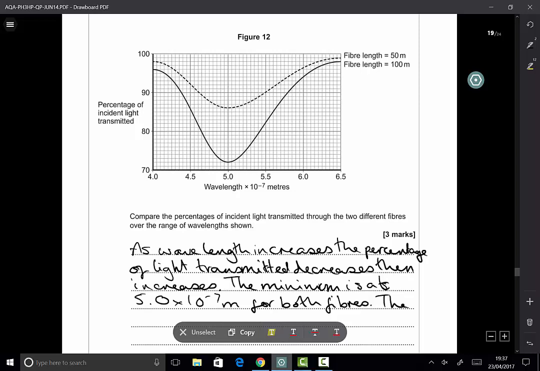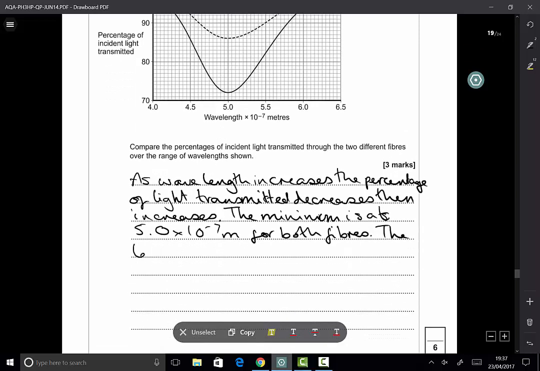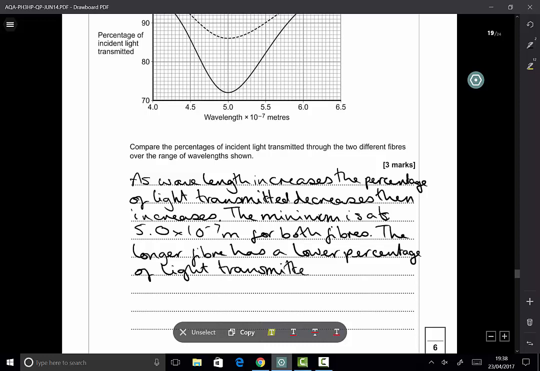The longer fibre has a lower percentage of light transmitted at all wavelengths.